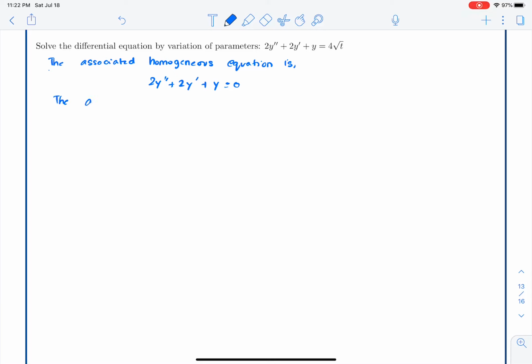The auxiliary equation is 2m squared plus 2m plus 1 equals 0.